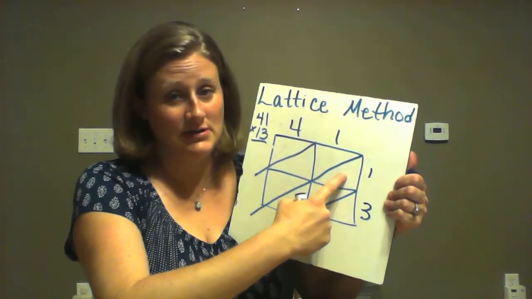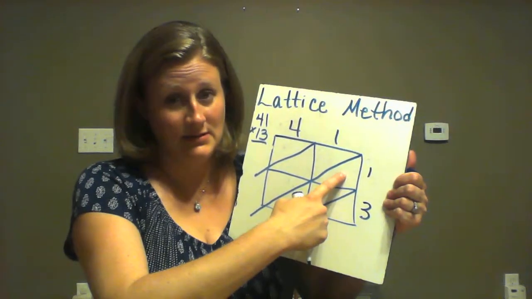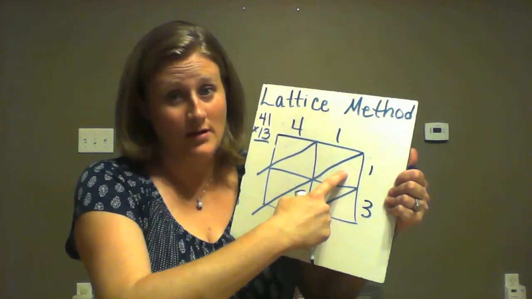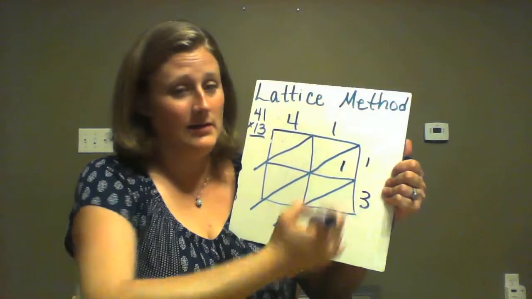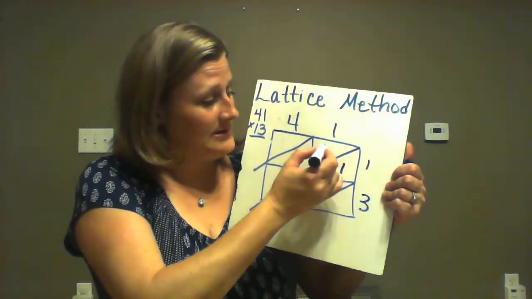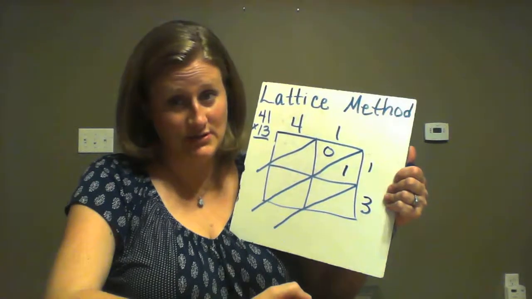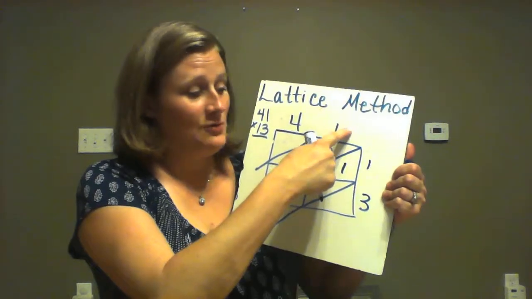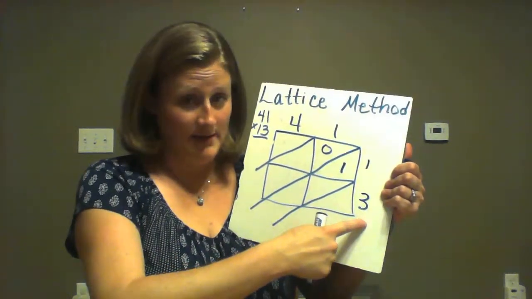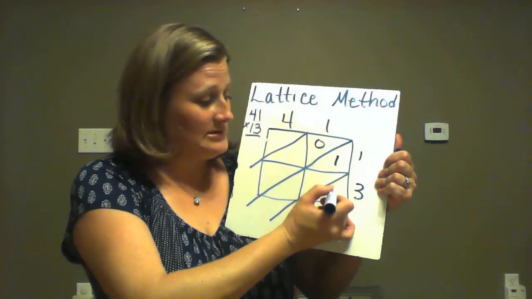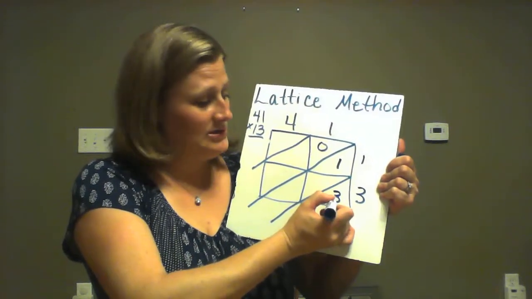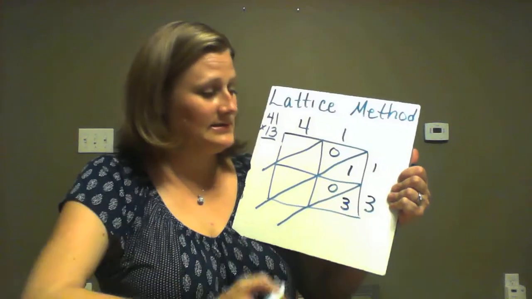The bottom section is for the ones digit. Since 1 times 1 is 1, we have a 1 in the ones digit and a 0 in the tens digit. Now we're going to do 1 times 3. 1 times 3 is 3, so 3 in the ones digit, 0 in the tens digit.